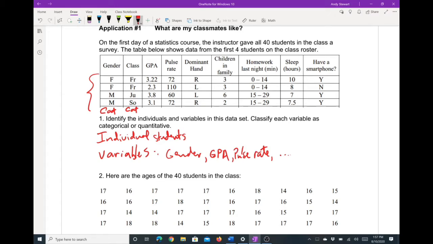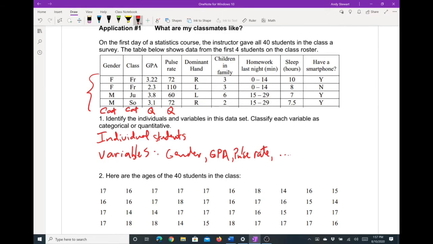GPA, does it make sense to average GPA? Well, of course it does. I mean, GPA is an average to begin with. So, of course, we could average that. So that makes it quantitative. Your pulse rate is a number. So that makes sense. We could call that quantitative as well.